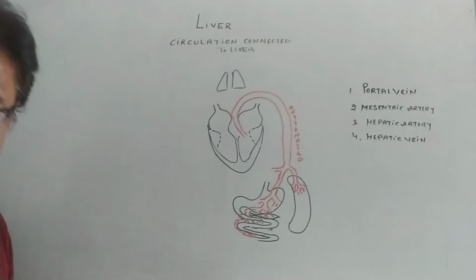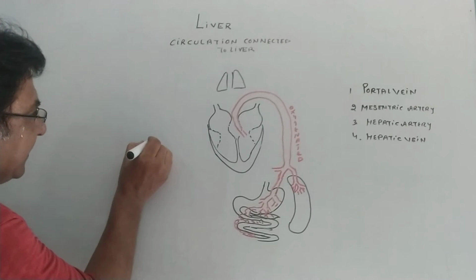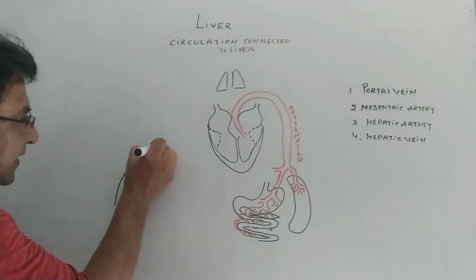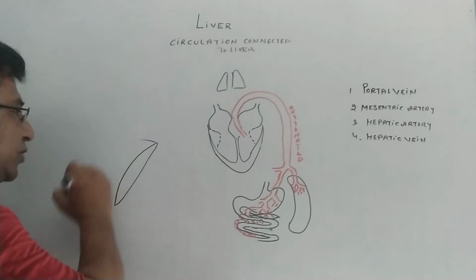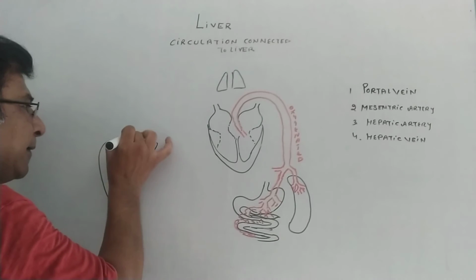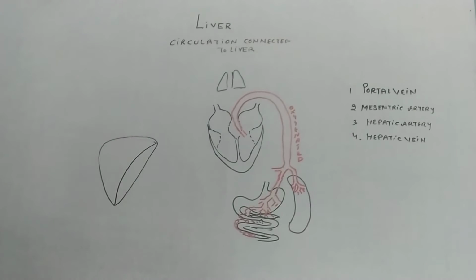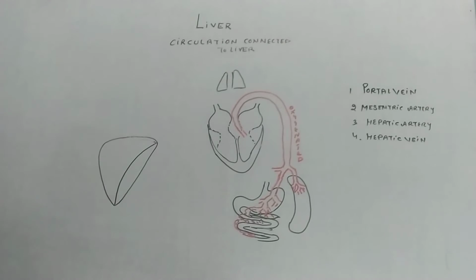Now where is the liver situated? The liver is basically here. So it is away from all the parts but still connected. This is the situation of the liver on the right side of the abdominal cavity.